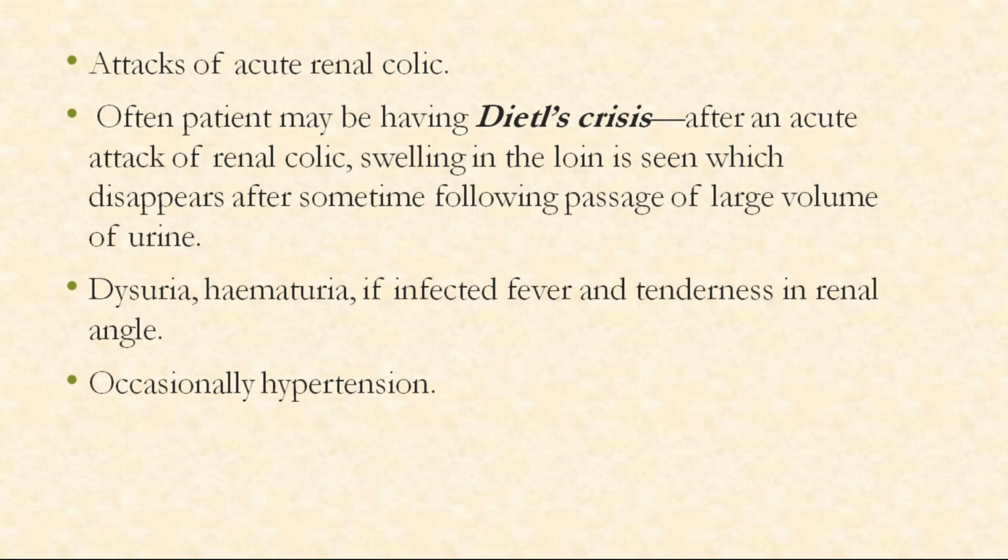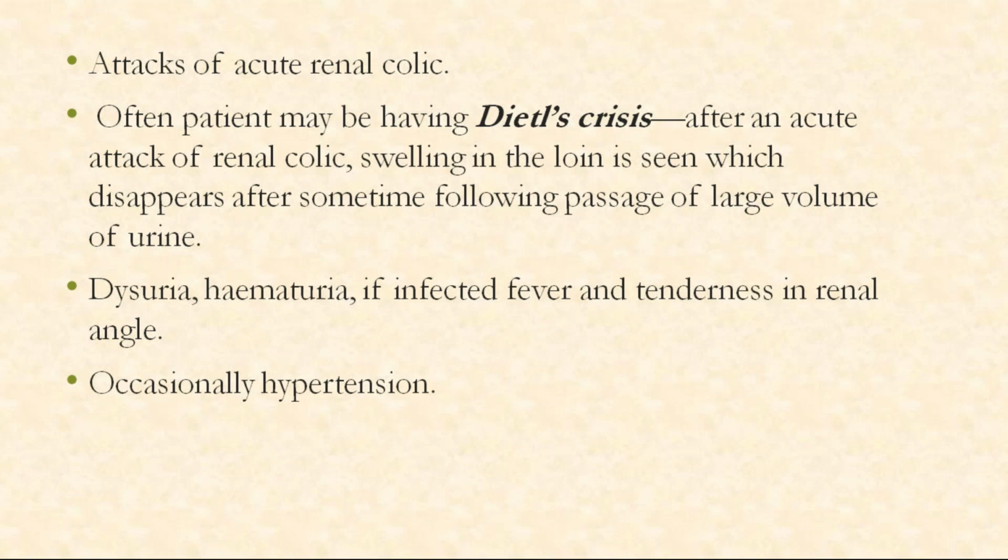That means after an acute attack of renal colic, the patient may have a palpable swelling in the loin, but after some time it may disappear because of passage of a large volume of urine. That is called Dietl's crisis. That is seen due to the presence of a gulf-hole ureter or hydronephrosis. So initially there is a lump present in the kidney and the patient may have pain in the loin, but gradually it disappears because of passage of a large quantity of urine from the kidney to the bladder.